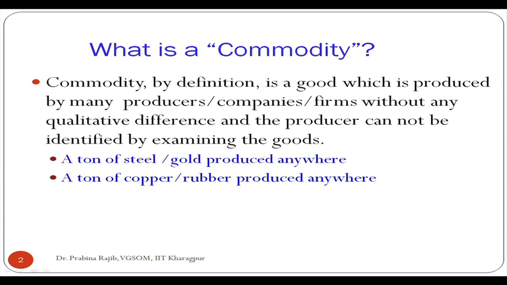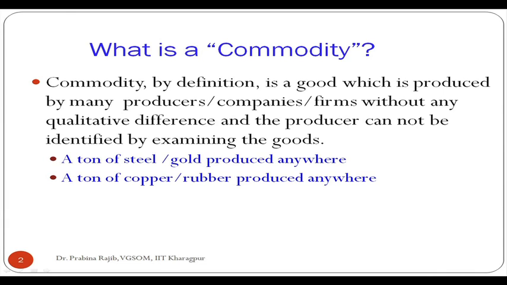So that is where a commodity derives its definition: it is a good which is produced by many producers, companies and firms. We cannot distinguish the produce by merely examining that particular product or the underlying asset which we are holding in our hand.